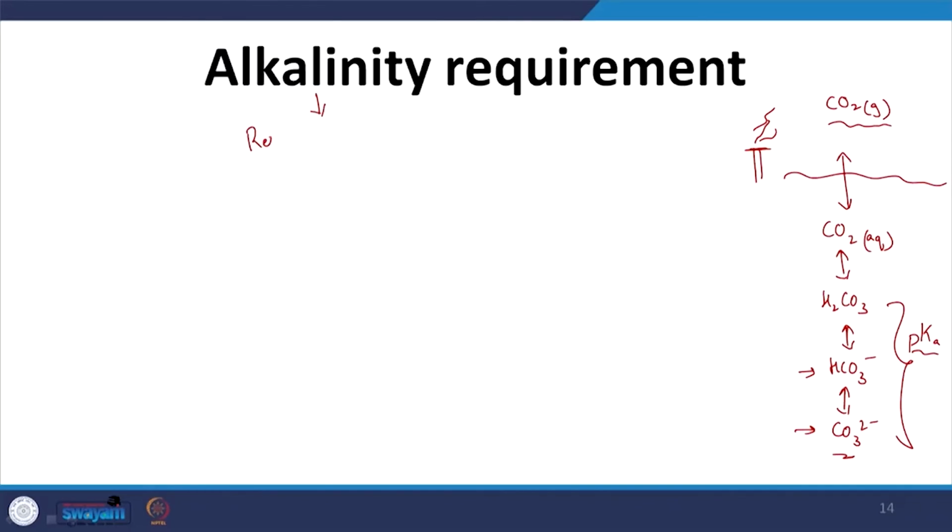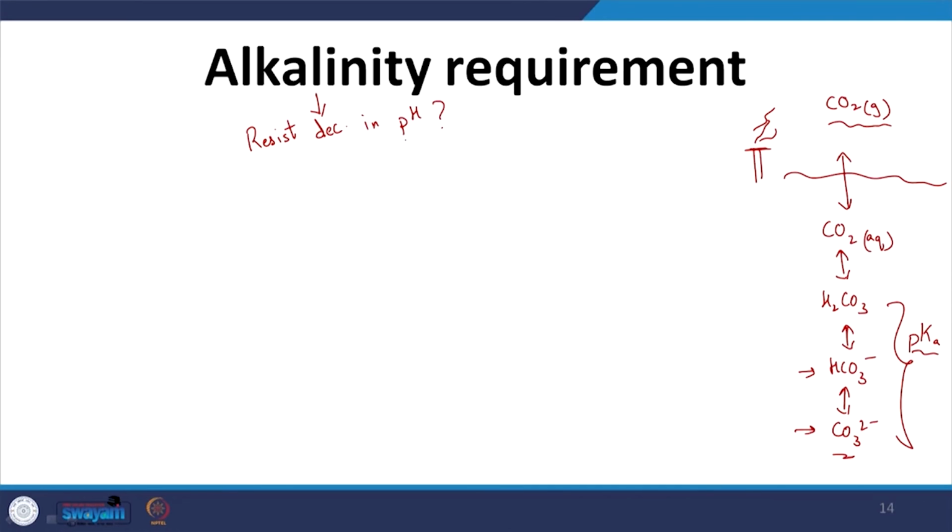Again, human body, yes, issues, and life in general too, it will not survive when the pH is low. So, this alkalinity of a solution will prevent decrease in pH, or will resist the decrease in pH. And how will it do that?